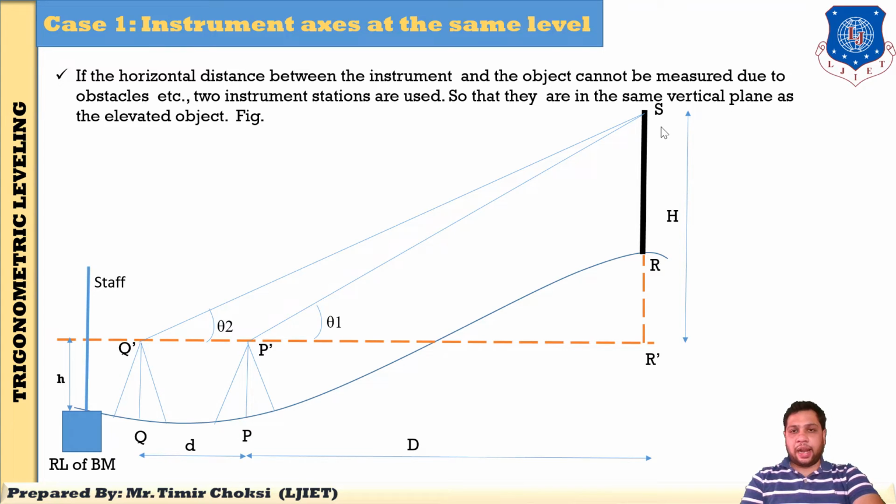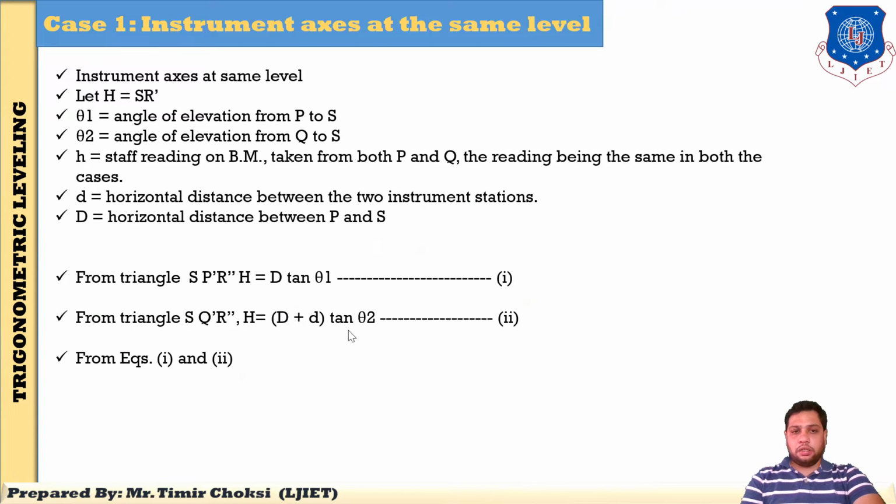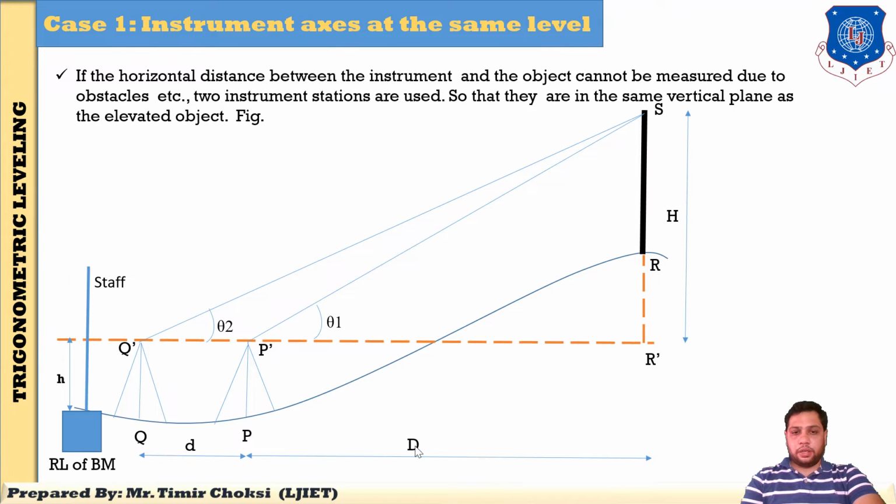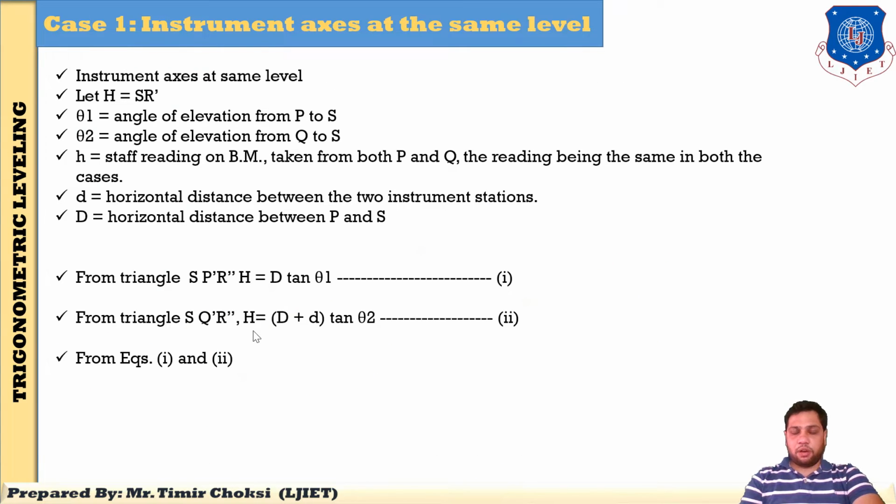Similarly, for the second triangle S Q dash R dash, H equals capital D plus small d into tan theta 2, because this side is D plus small d and SR dash is capital H. So in equation number 1, H equals D tan theta 1, and in equation number 2, H equals capital D plus small d tan theta 2.